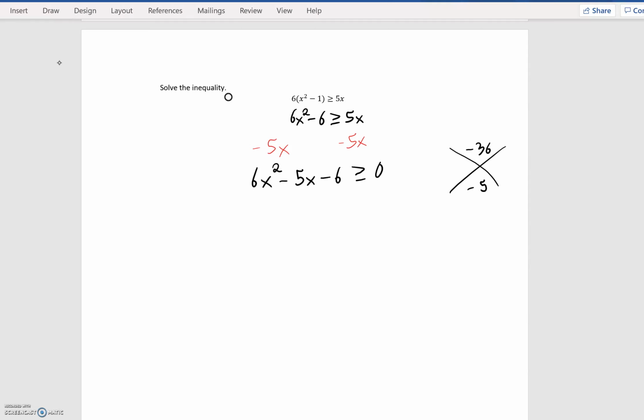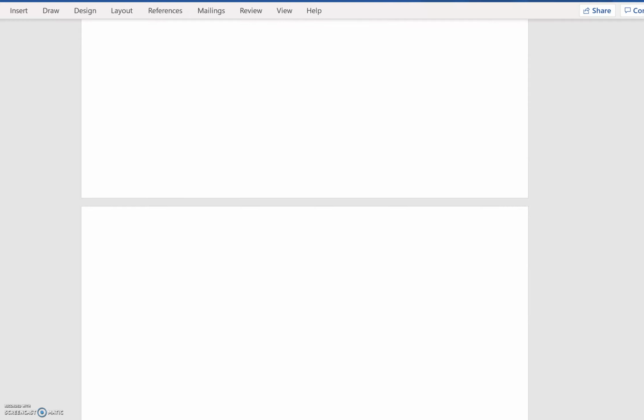I need to resort to something like this because I don't know how to factor this right off the top of my head. I am using what's known as the AC method, or what I like to call the magic X, and I will resort to factor by grouping. So I need two numbers whose product is negative 36, whose sum is negative 5.